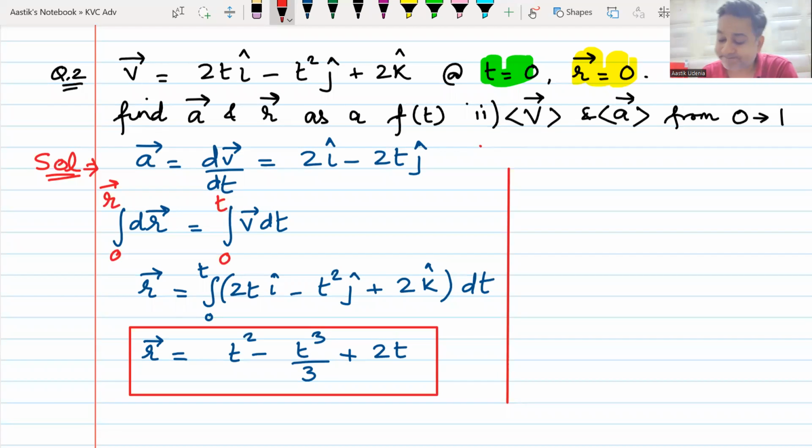What we have found out here is the instantaneous acceleration, instantaneous velocity, and instantaneous position, position as a function of time. What I'm now asking you is to find out the average value of velocity and average value of acceleration from 0 to 1 second, and I'll give you 2 minutes to solve this.